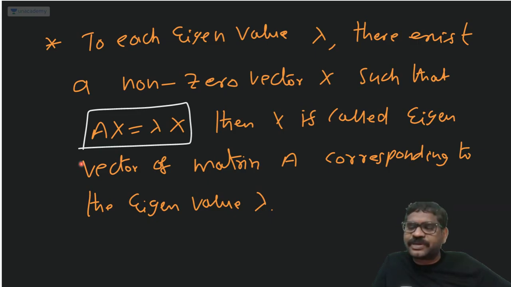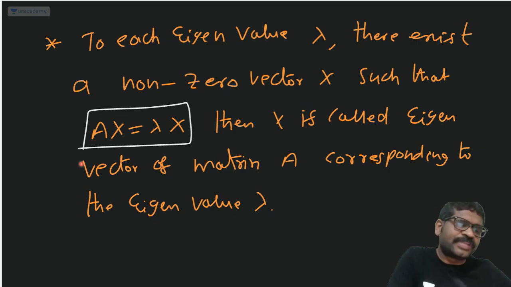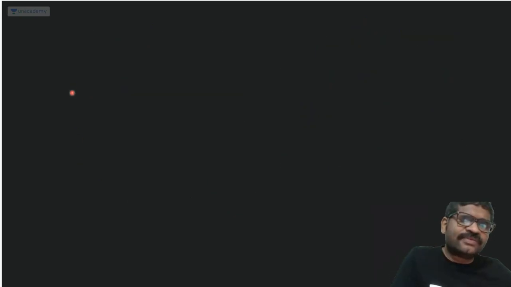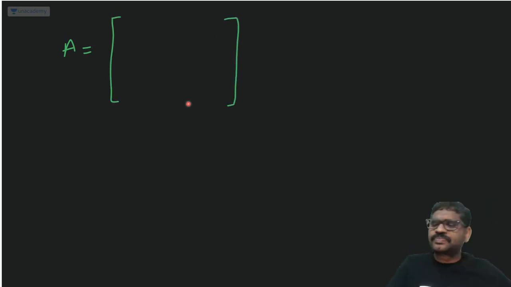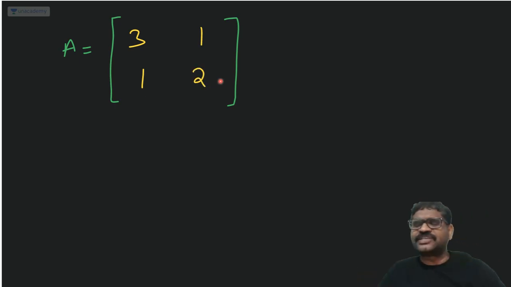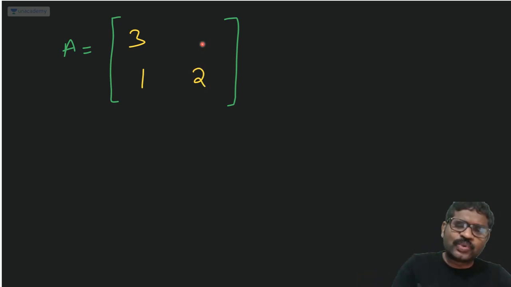I'll give an example. Observe. For example, matrix A is a 2 cross 2 matrix, 3 2 1 2.